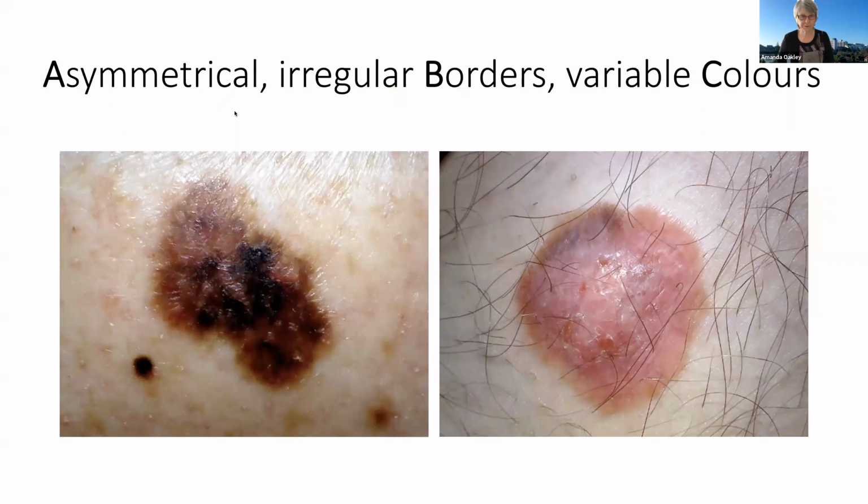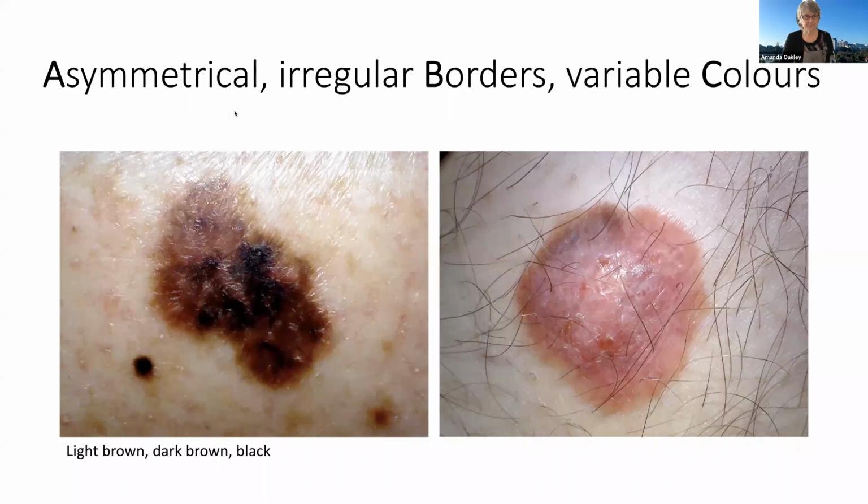So here's some macroscopic pictures of two quite different looking melanomas. Very strange looking things. Each melanoma is unique and different. The left does not look like the right, and the top doesn't look like the bottom. The edges are varied.